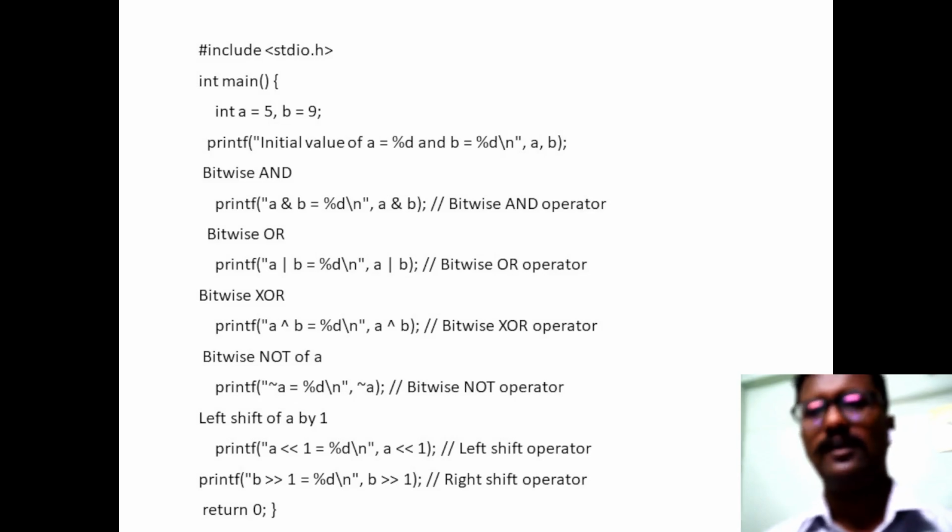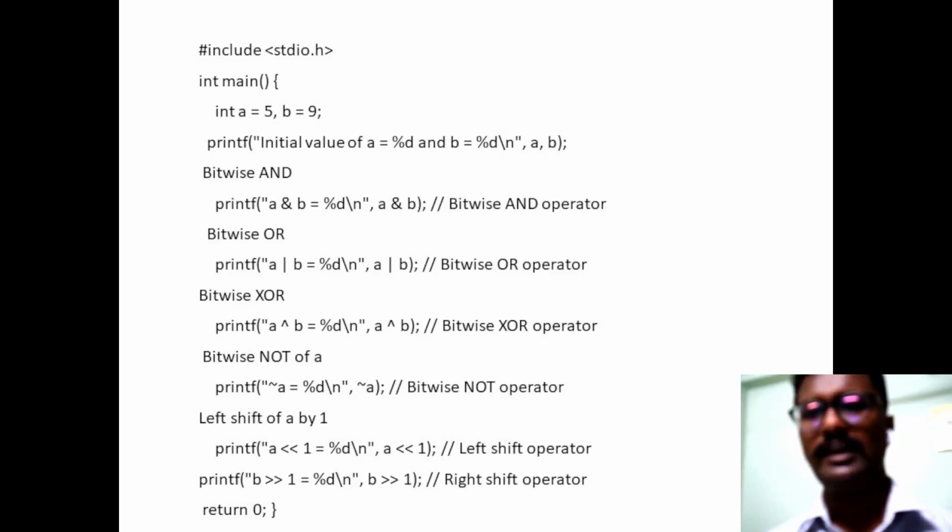Now we are going to the XOR operator. The bitwise XOR operator returns the value 1 if the bits are different, and 0 if the bits are the same. If the values are different, it returns 1. If the values are the same, the result is 0.